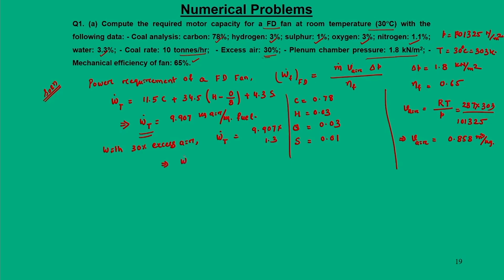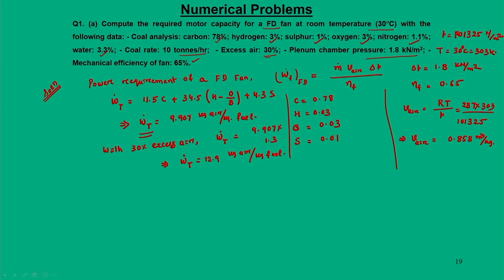So, W dot T would be 12.9 kg air per kg fuel.